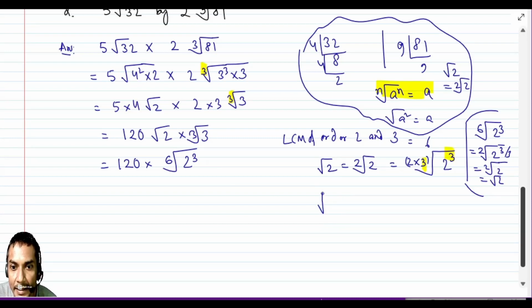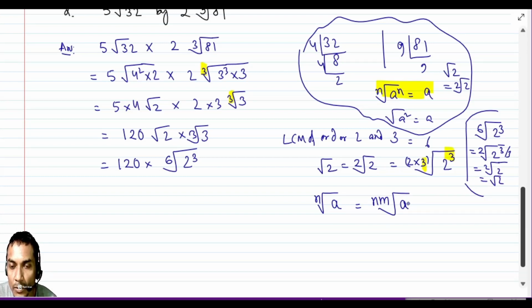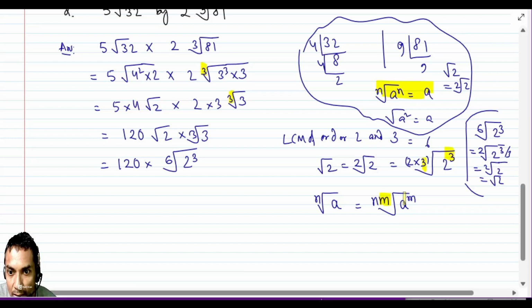If you write, for example, n root a, and if you want to change n into m, then whatever extra you multiply here, you have to square it.